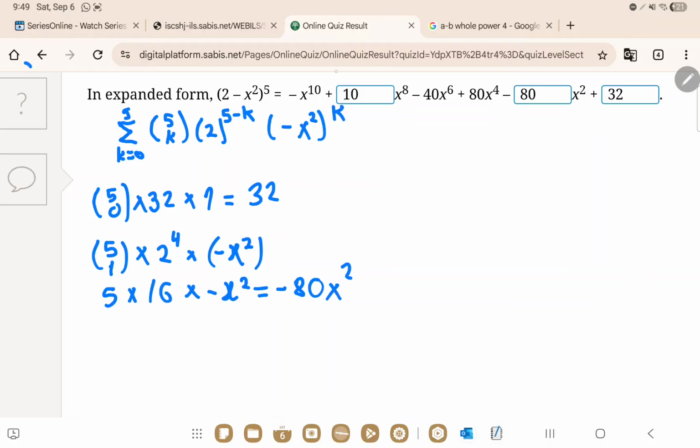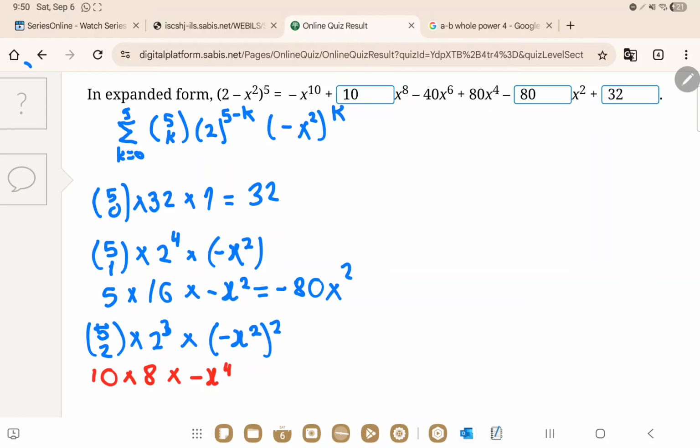I'm actually gonna start writing the equation in blue and then the solving in red. 5C2 times 2 to the power of 3 times (negative x squared) to the power of 2. 5C2 would be 10, I think, but let me check. 5 shift divide 2 is 10, times 2 to the power of 3 is 8, times negative x to the power of 4.